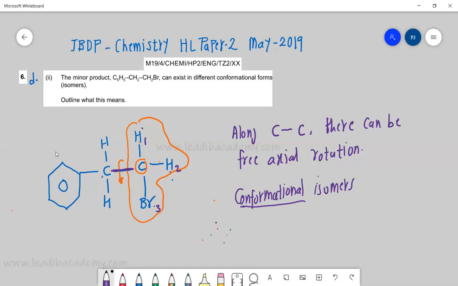Right now this Br is here, but it can be here also because of the rotation. Please remember this is tetrahedrally arranged, not in a plane. Carbon being sp3 hybridized, all three groups are tetrahedrally arranged, so there is a free rotation along the axis, and it leads to conformational isomers.